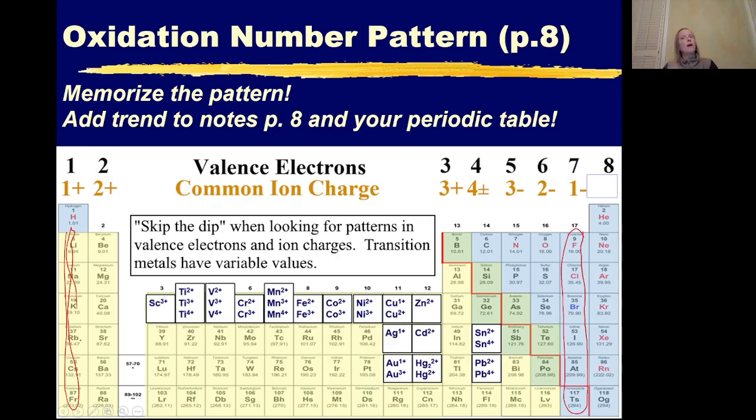They're just 1 away from a full valence shell, but on this end of the periodic table, you just need to gain 1 electron for a full valence shell. If you're in group 18, you already have a full valence shell. You don't need to gain or lose electrons for a full octet. So those don't form ions generally at all.